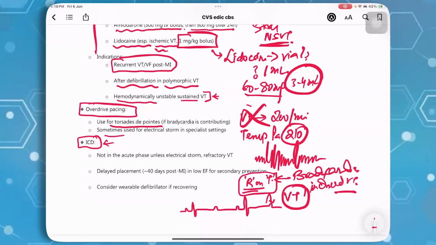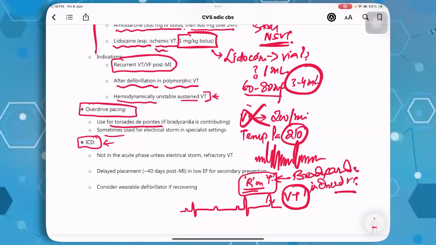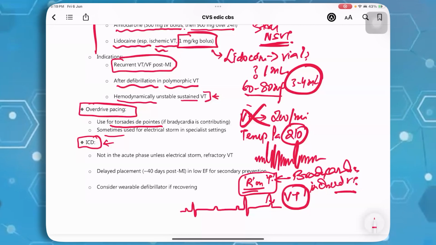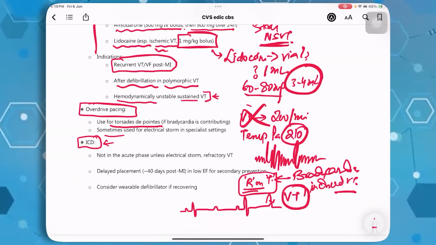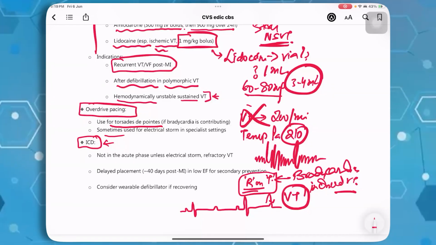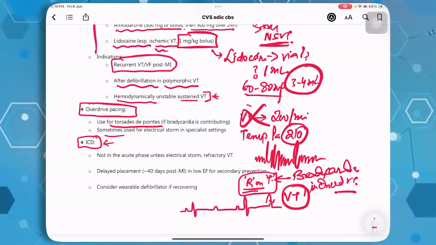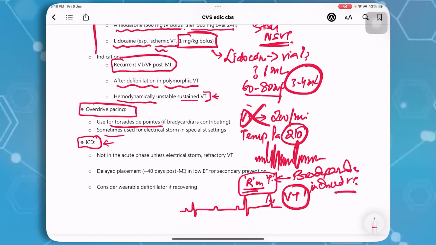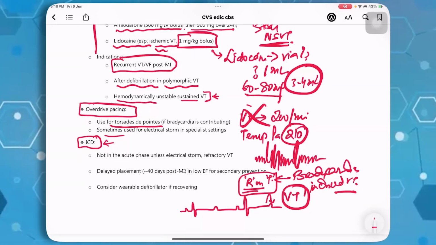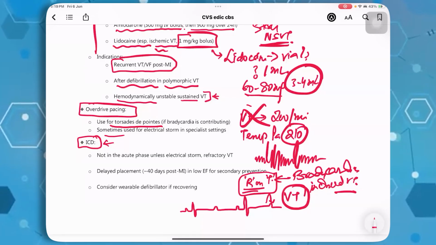It's 5 to 6 lakhs. And then if it keeps giving shocks, it will consume away its battery. So for that, nowadays, there is a defibrillator jacket available in the US, not in India as of now. It will be available, but as of now, it's an external defibrillator. It's worn like a jacket, like a bulletproof jacket, like a photographer's jacket, the safari photographers.